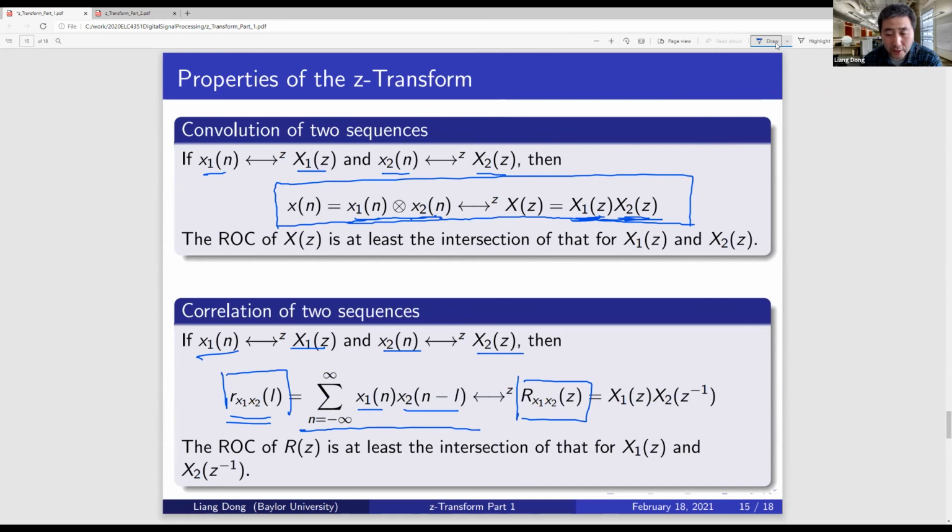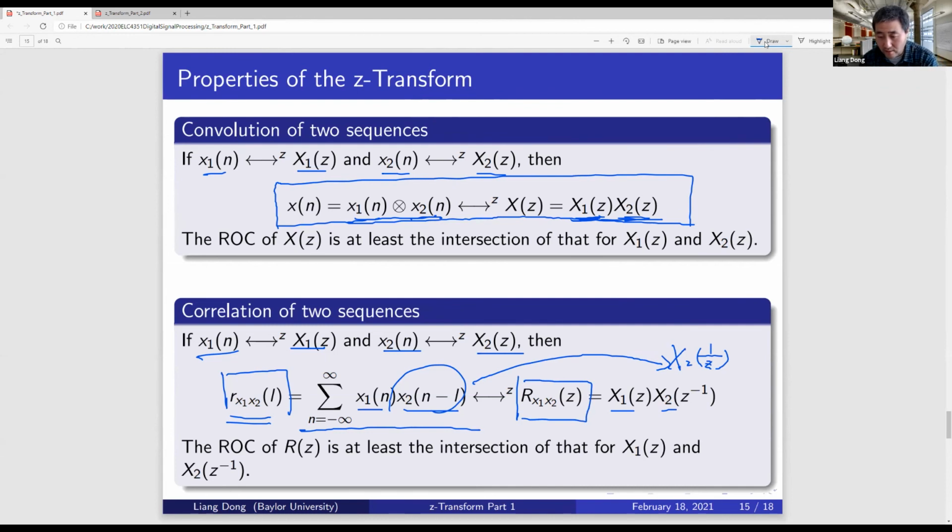should be a multiplication of those two, X1 and X2. But because one of those is the time reversal. Now we just had that, right? Time reversal, it shows x2 is time inverse. It shows the inverse z in the Z transform. Let me write a smaller z, that's not a capital Z. Small z here.